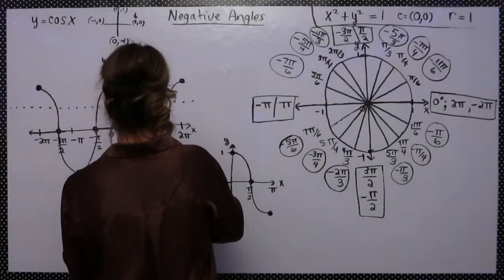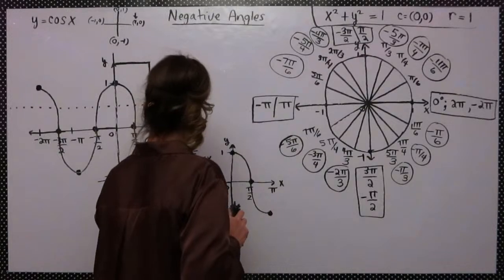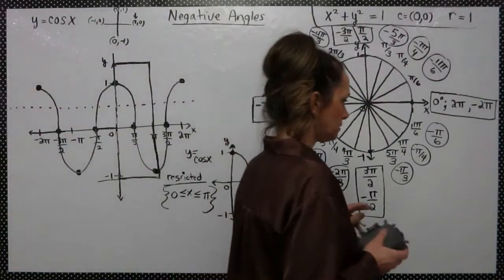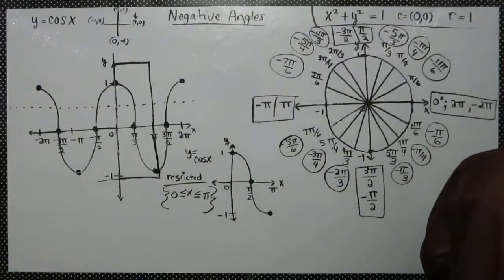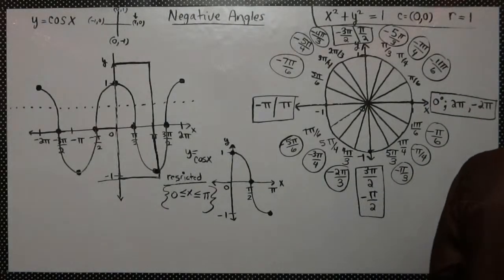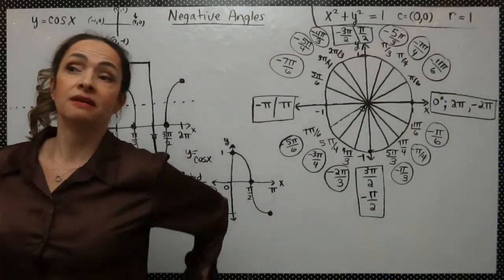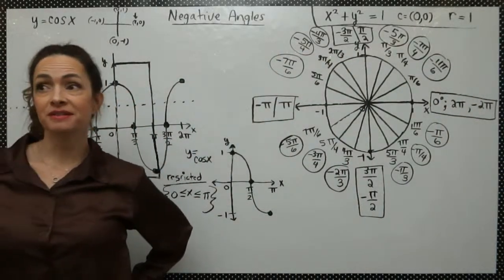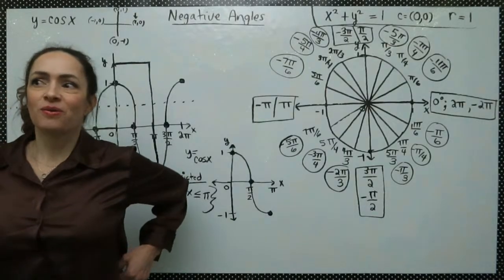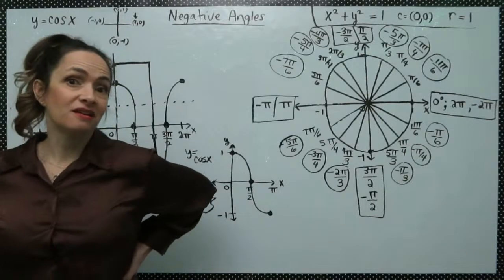Let's see if I can spell it correctly. Restricted. Okay. And hopefully I did okay explaining why we have to restrict the domains of the sine and the cosine function to find their inverses. And so I'm going to go ahead and stop there.